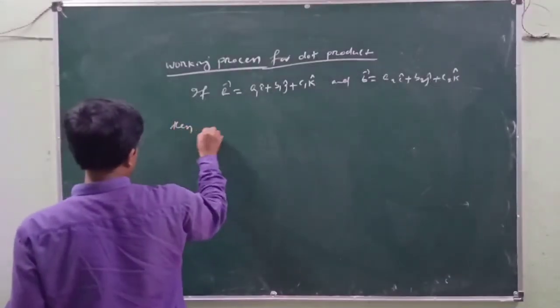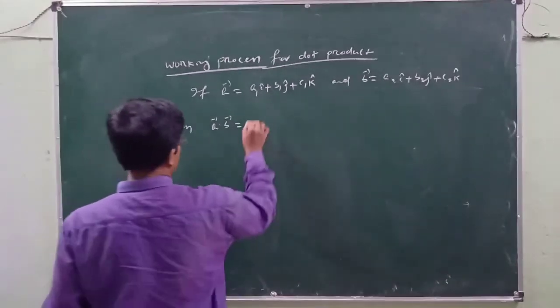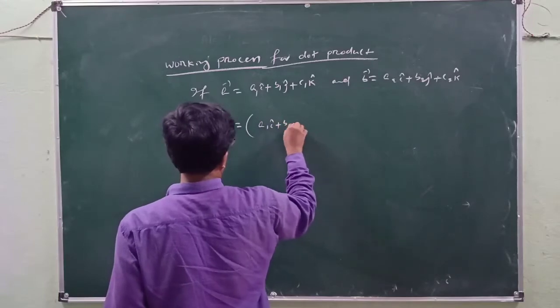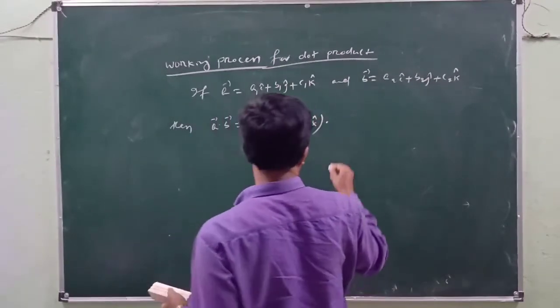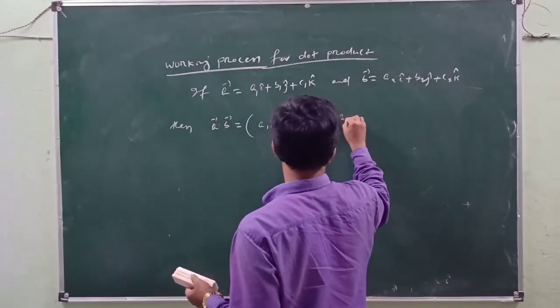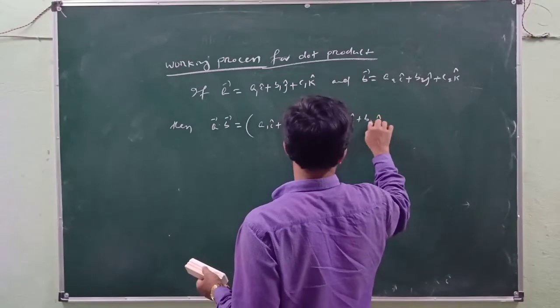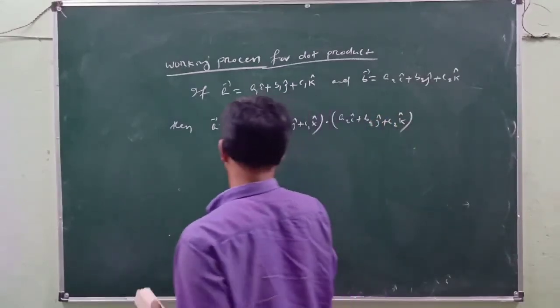Then A vector dot B vector, in place of A vector I write A1 I cap plus B1 J cap plus C1 K cap, dot, in place of B vector, A2 I cap plus B2 J cap plus C2 K cap.